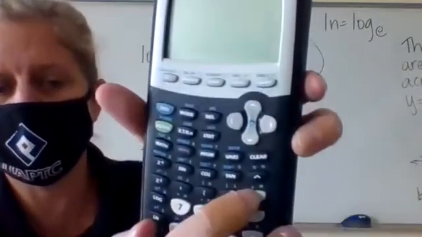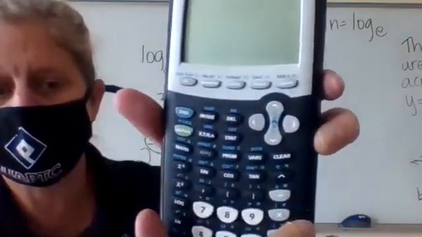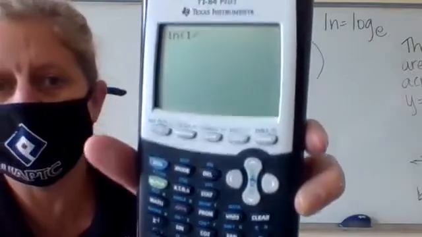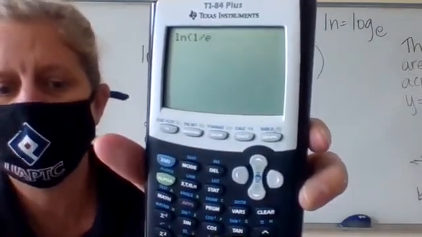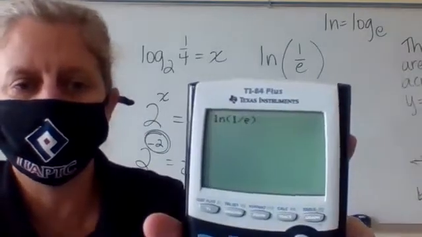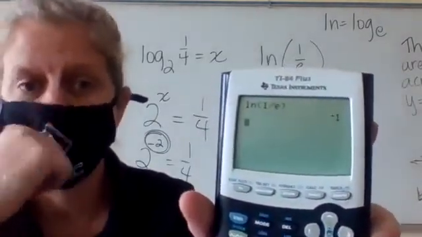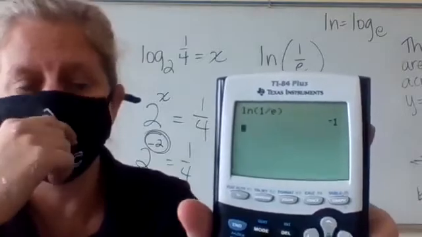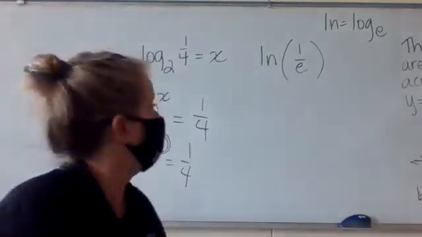So since it's blue, I need to hit my second button first and then my division button to get that e, and then close it. And what's it going to tell you? -1. Why did that come out to be -1?